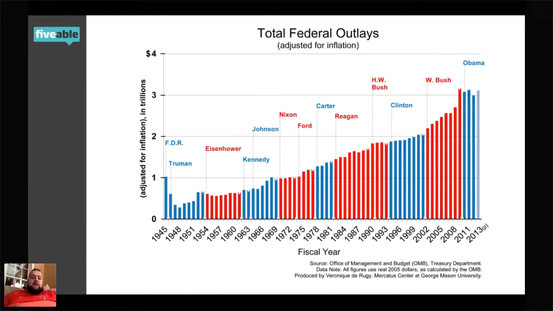I'm going to give you a minute here to take a look at this graph that I have up here. And I would like you just to type in the little chat box, what do you see when you look at this graph? I'm just curious to hear what people see. If you'll just type it in the chat box, that would be great.